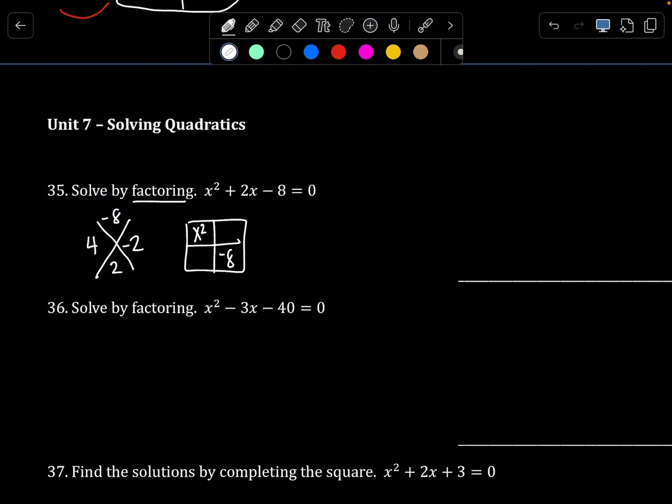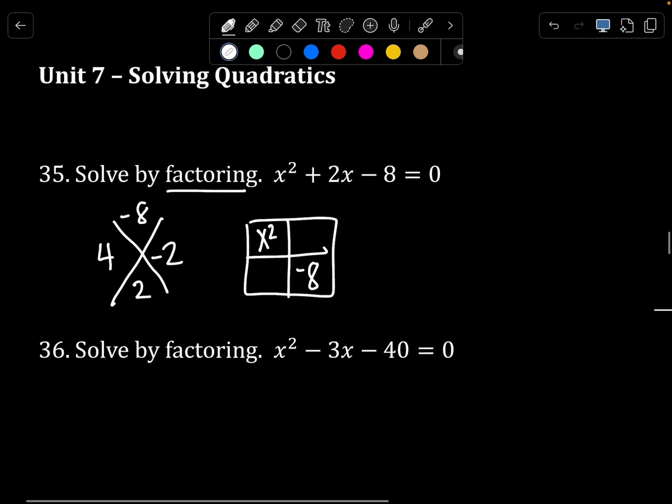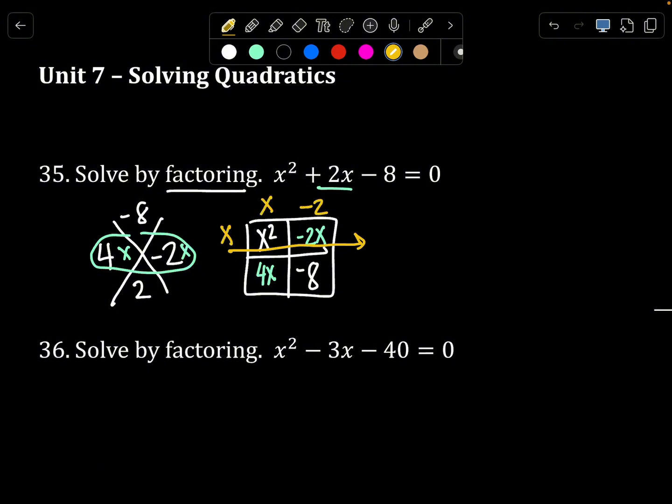You put those two numbers right there, and then your diagonal numbers are these guys. These are your x's. 4x minus 2x. And your GCF here is x times x, and there you go. So you found your factors, x plus 4 times x minus 2.